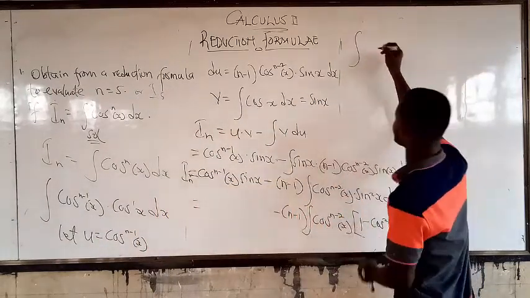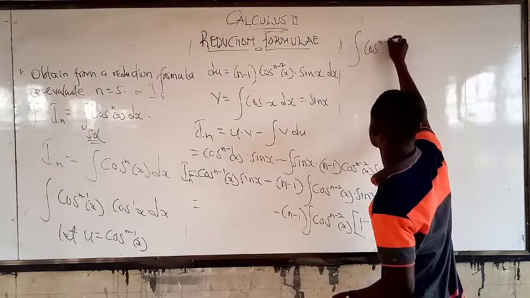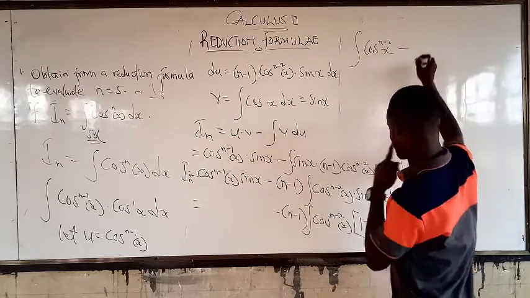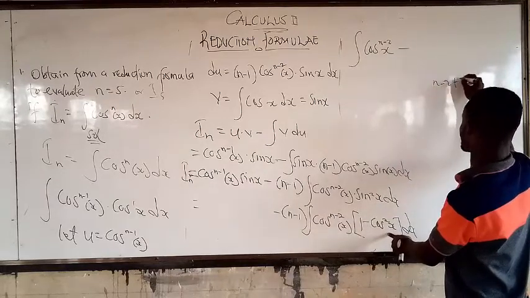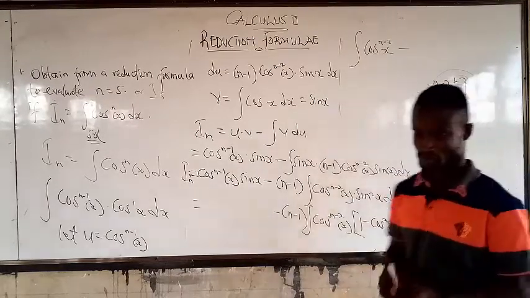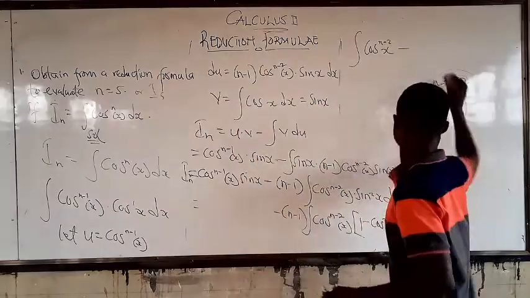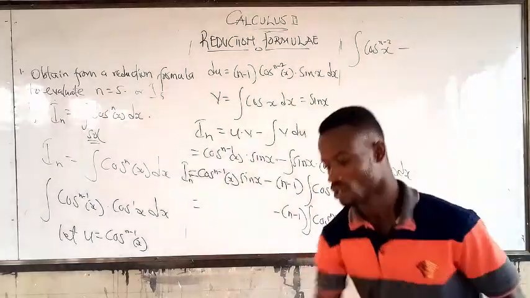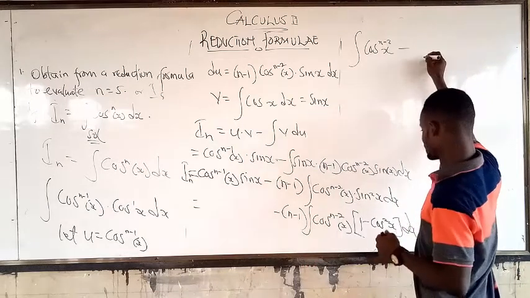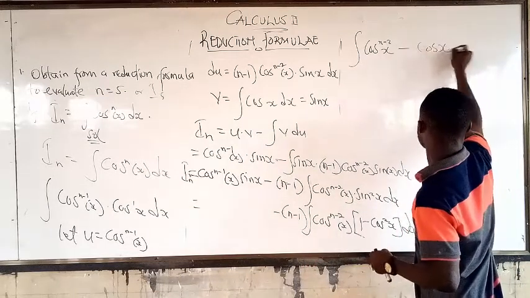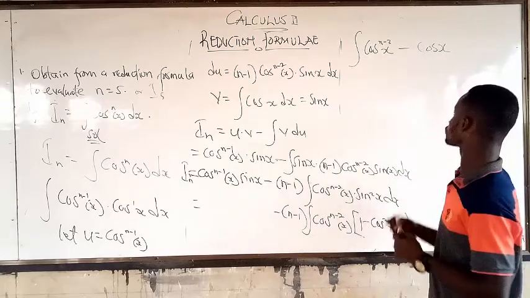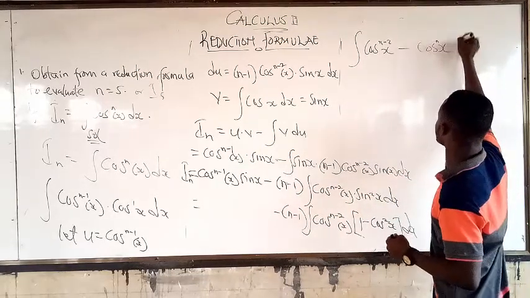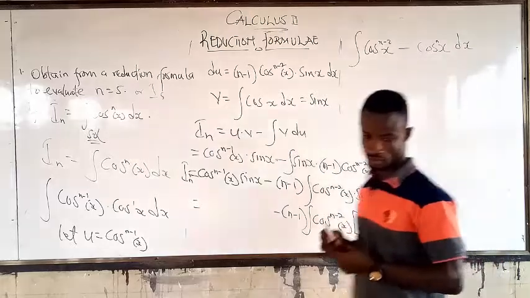This multiply this, you get cos^(n-2)x, minus this multiply this, so it will be n minus 2 plus 2, which is n. So we get cos x to the power n dx.